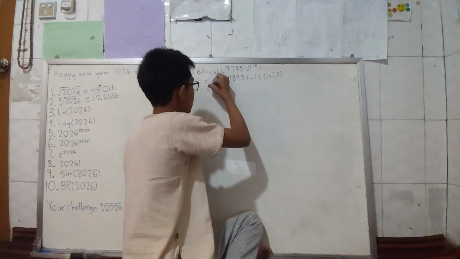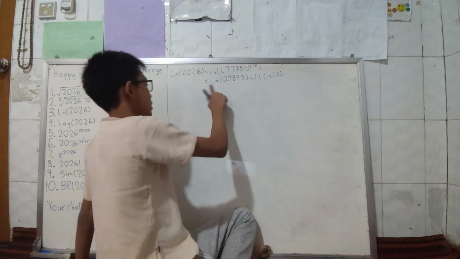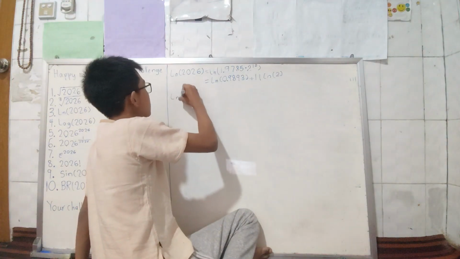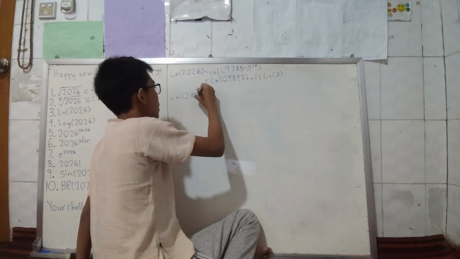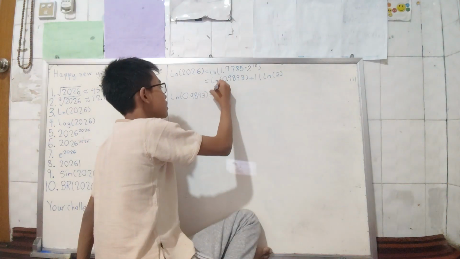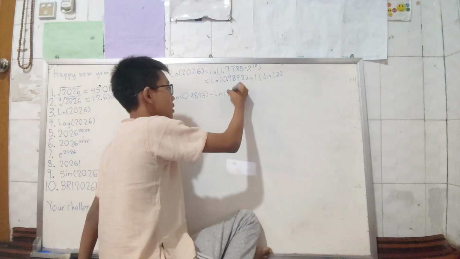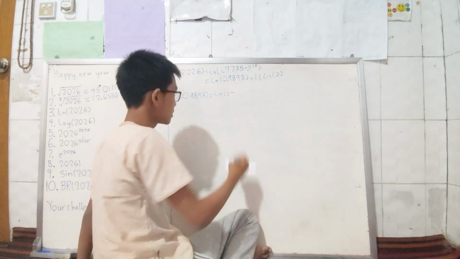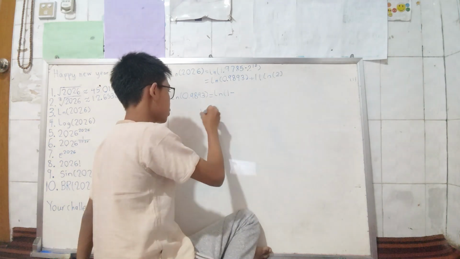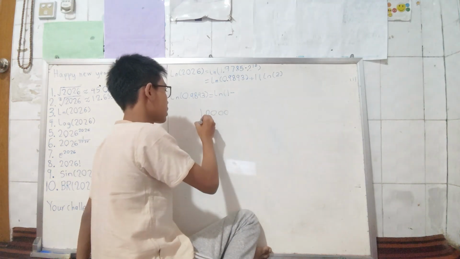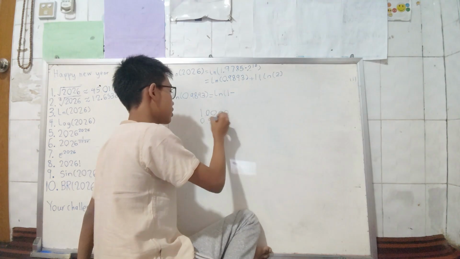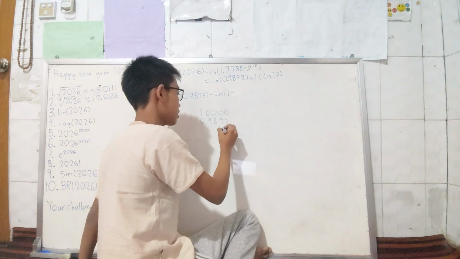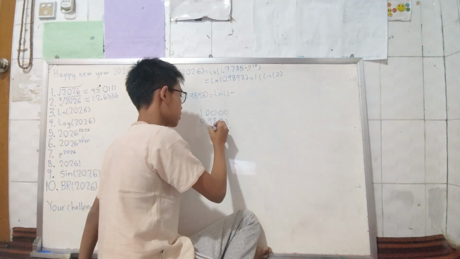So we can rewrite this as, wait a minute, the natural log of 0.9893 can be written as the natural log of 1 minus, let me subtract this number from 1.